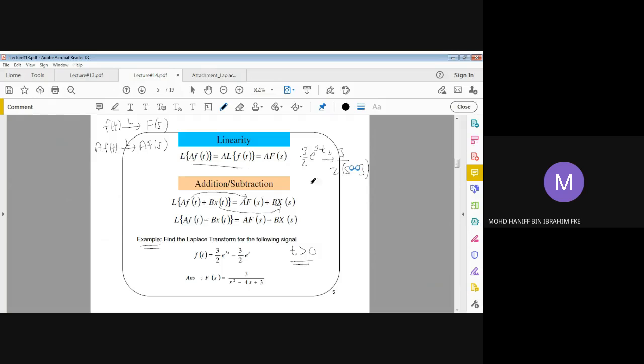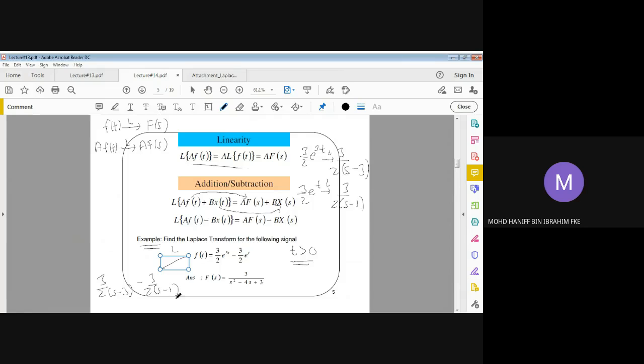Okay, the same thing applies if we have 3 over 2 exponential t. So the Laplace for that will be equal to 3 over 2 over s minus 1. So the subtraction will result in the same subtraction in the s domain. So the Laplace transform for that will be 3 over 2 of s minus 3, minus 3 over 2 of s minus 1.